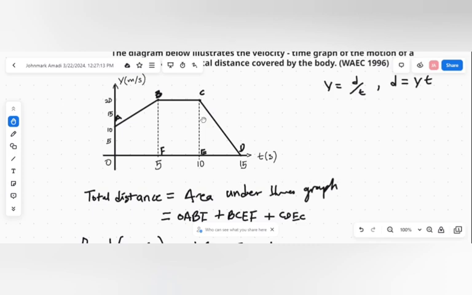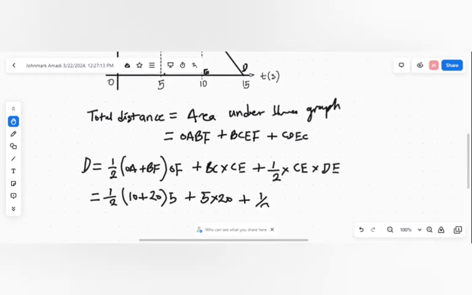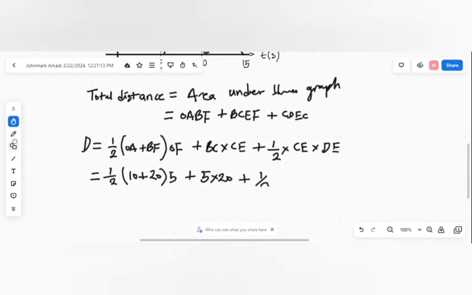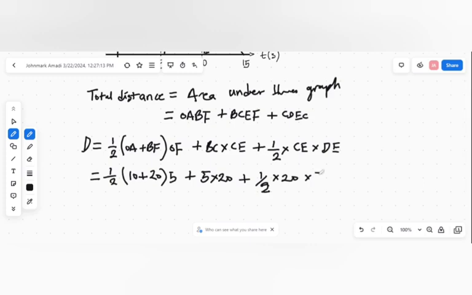So this will be 20 times 5, with the half in front: 1/2 times 20 times 5.